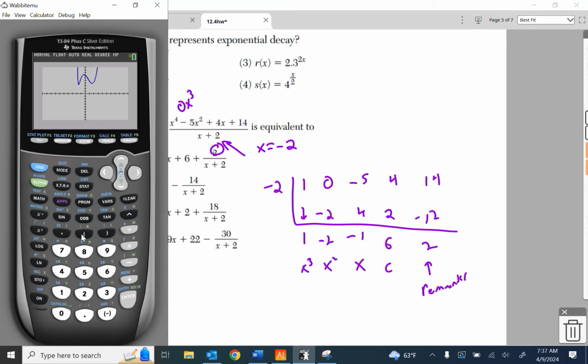Looks like a W. And I believe that the equivalent function is x cubed minus 2x to the second minus x, and that's coming from looking over here, okay, plus 6 plus 2 pieces of x plus 2. This should be the equivalent reduced function. And I should have overlap. And I do. So there you go.